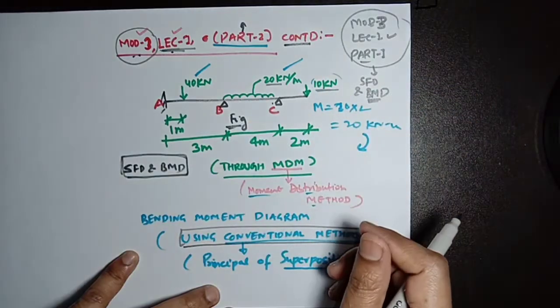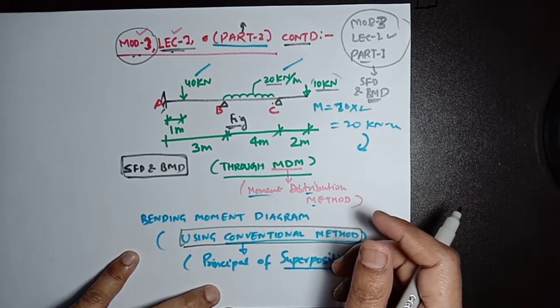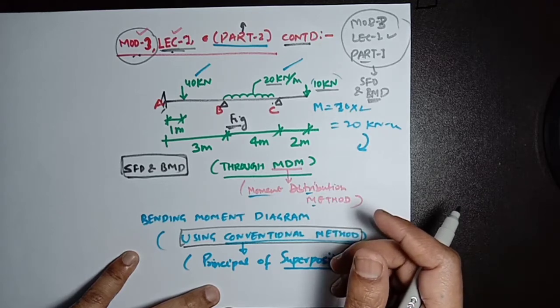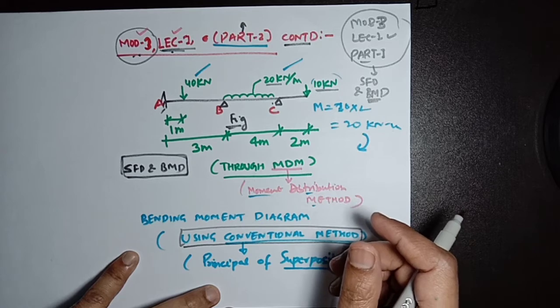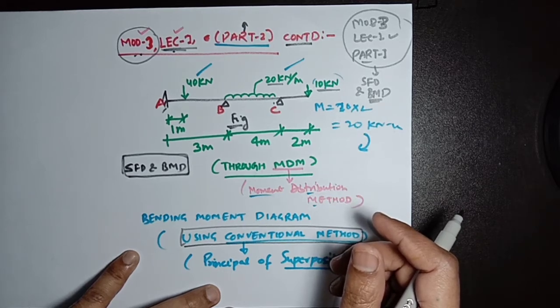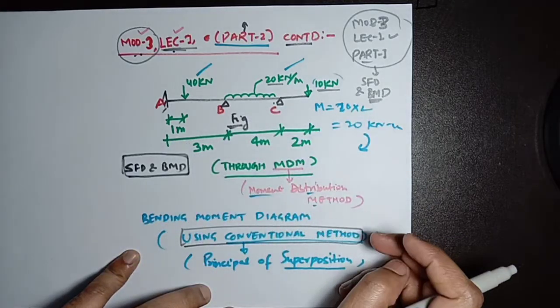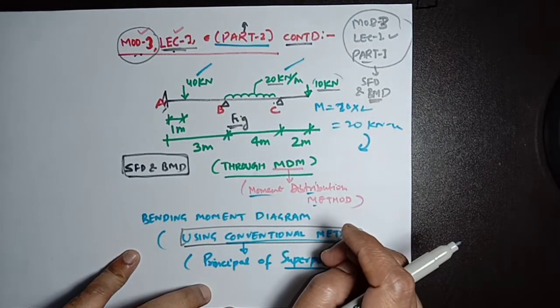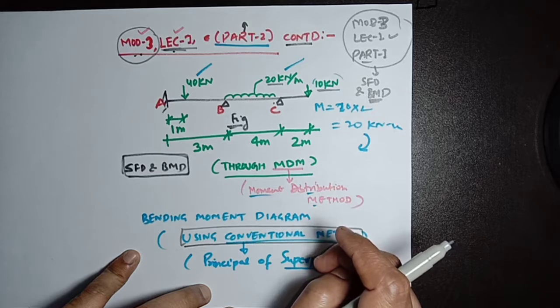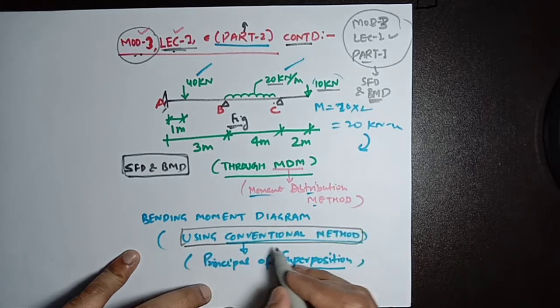Here at the end of part 1 of lecture 1 of module 3, I told you that I will be solving for a bending moment diagram for the same continuous beam, but this time it will not be through a loading diagram, it will be using the conventional method.